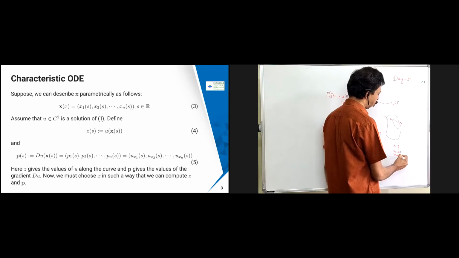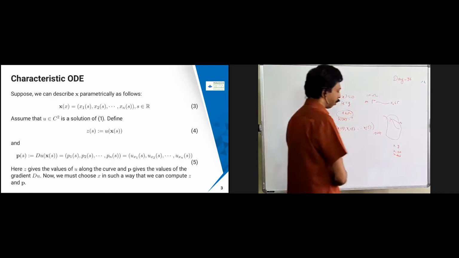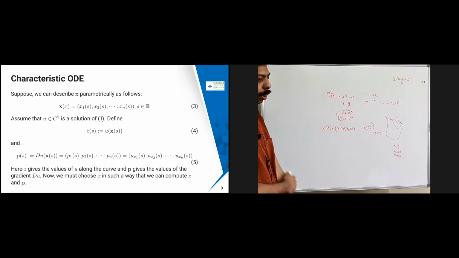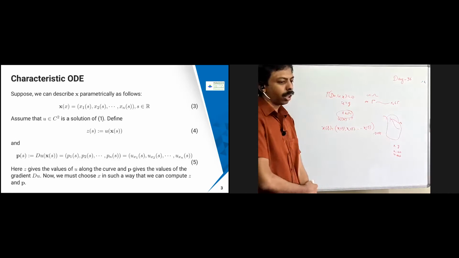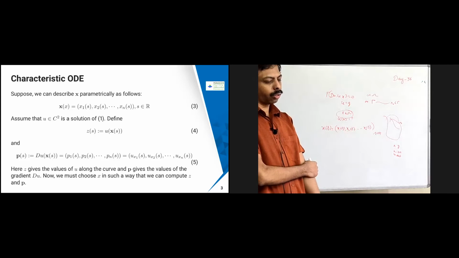I can put a unit circle, and this is going to be a parameter. Similarly, you might have seen many other parameterizations. So you can just parameterize the x using this curve, x1 of s, x2 of s, xn of s.